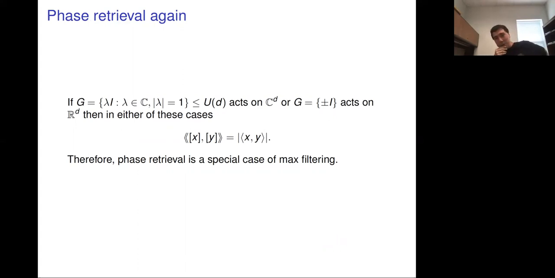And the cyclic group of order 2, I now think of as plus or minus the identity matrix. In either of these cases, the corresponding max filter gives you the absolute value of the corresponding inner product. So what that means is phase retrieval is in fact now a special case of this. So this max filtering is an honest generalization of phase retrieval.